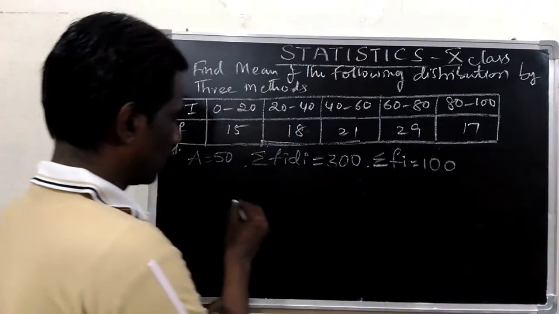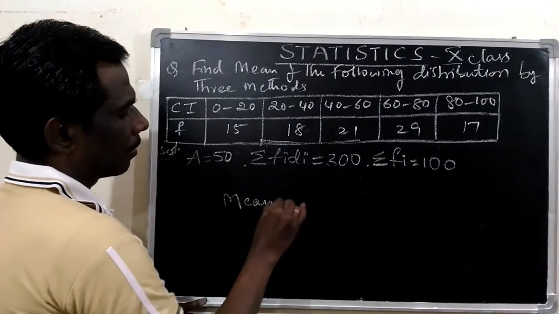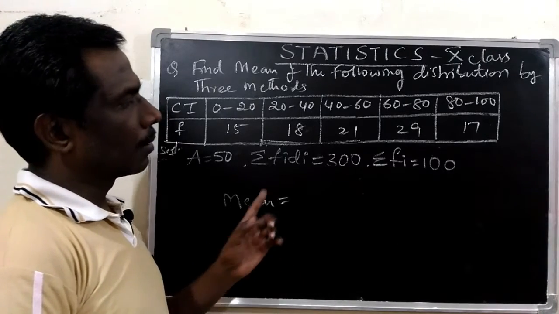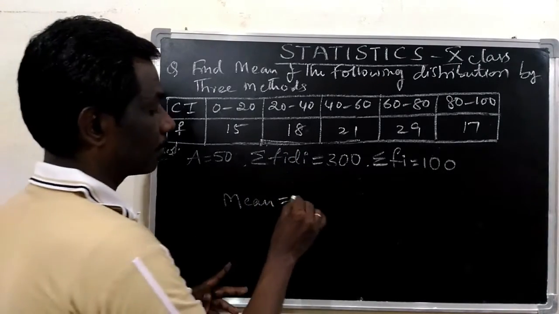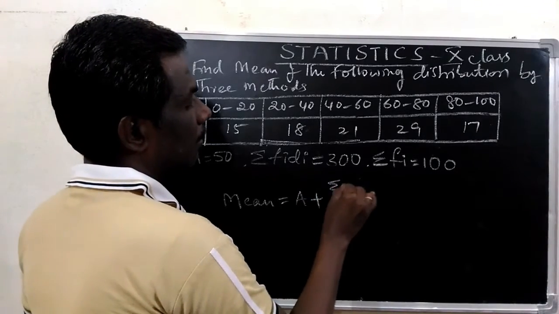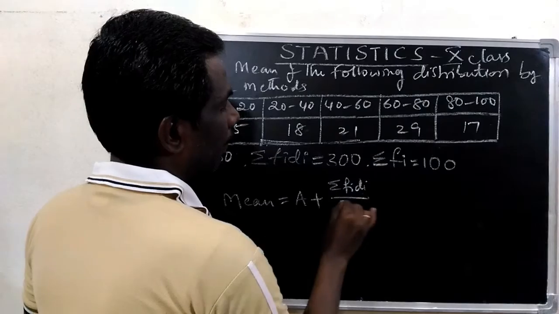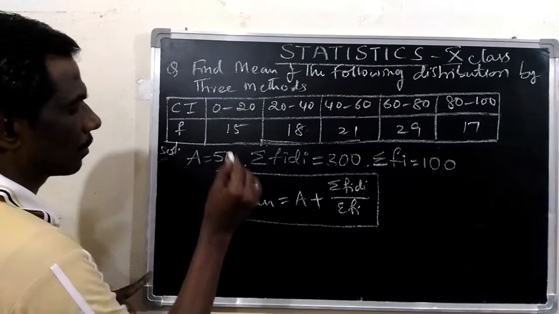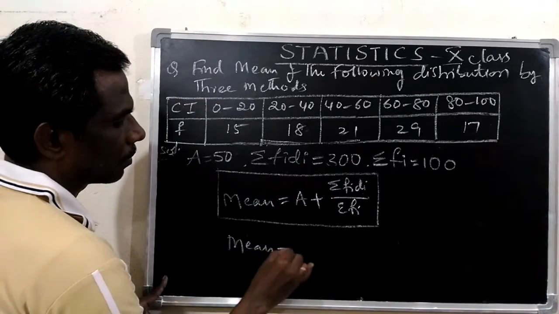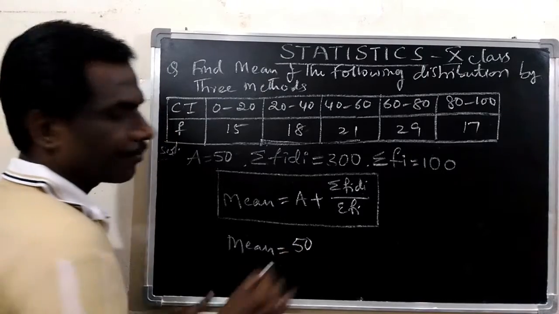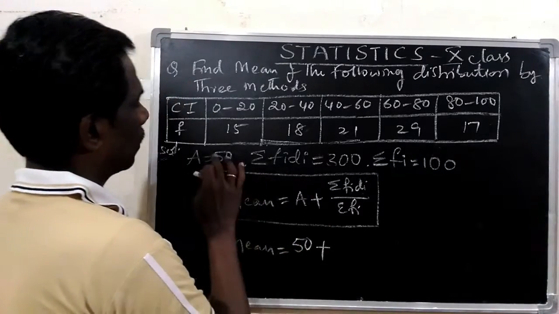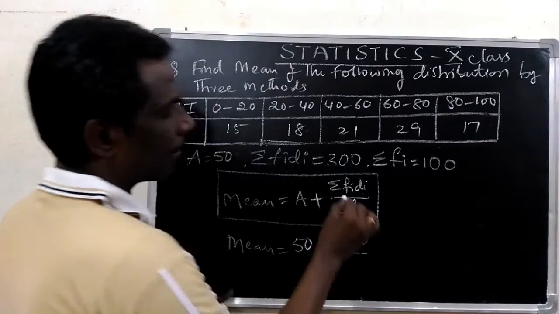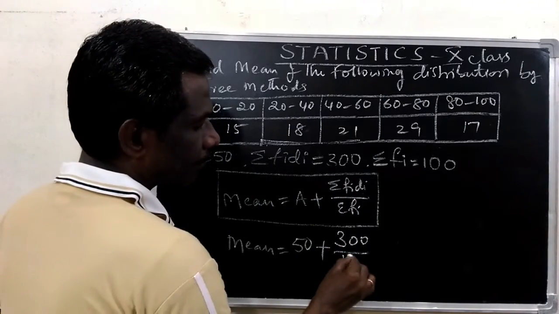Now I am writing the formula of the mean. This is the formula of the mean for the shortcut method: a plus sigma fidi by sigma fi. Mean is equal to a value 50 plus sigma fidi, we got 300, divided by sigma fi, which is 100.